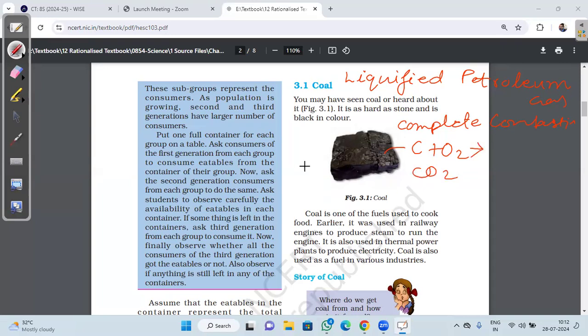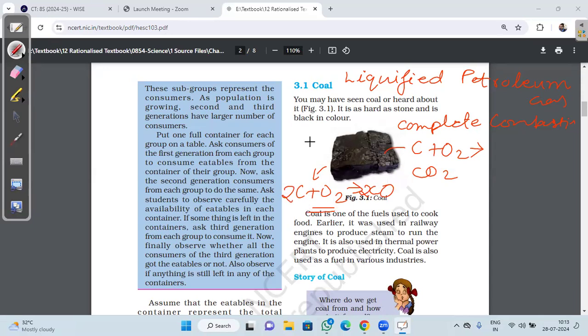But if there is incomplete combustion, that means there is a small amount of oxygen present, it will lead to the formation of carbon monoxide. So carbon plus oxygen again will give carbon monoxide, CO. This gas will be formed if you have a limited supply of oxygen.